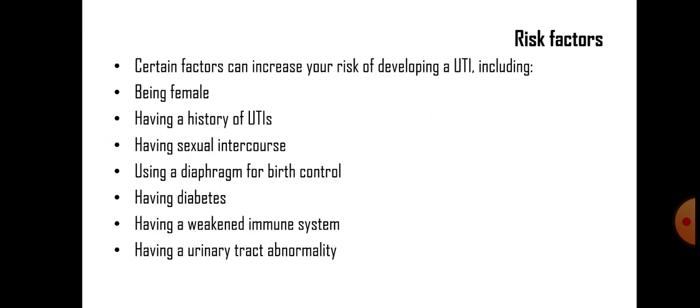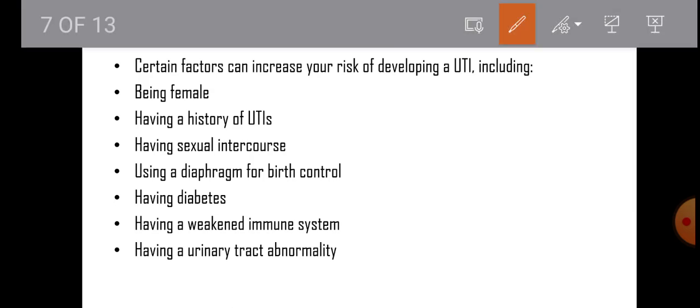And what are all the risk factors, right? Certain factors can increase your risk of developing UTI. What are they? One is being a female, having a history of UTI. If you or your family members have any previously reported form of UTI, you may have a chance to develop urinary tract infection.